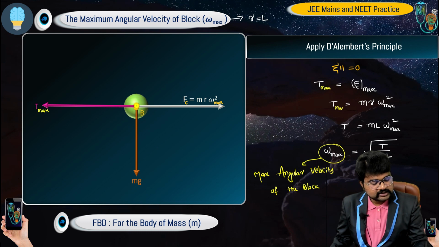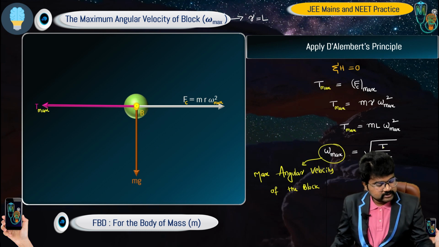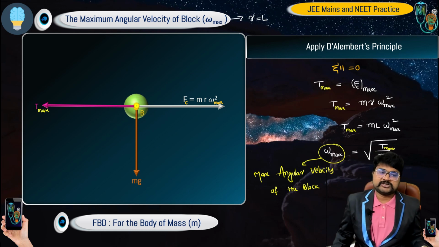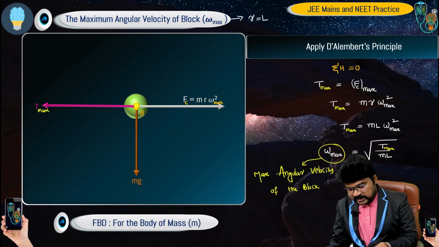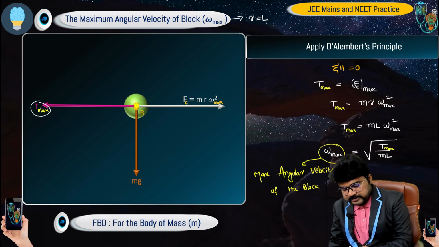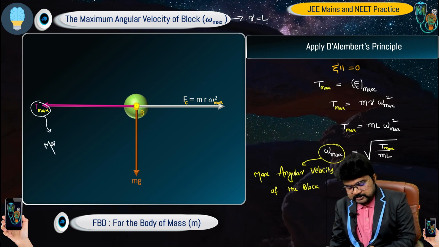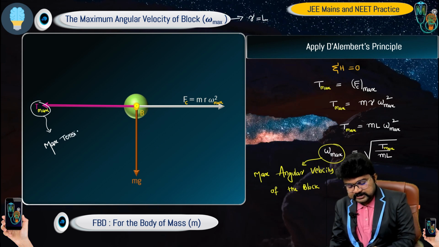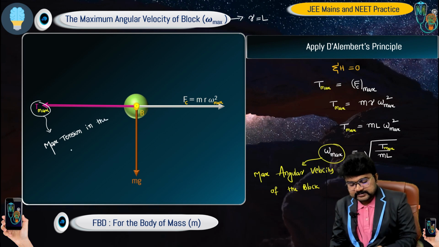You can write it. Nothing wrong in that. At maximum angular velocity condition, this would be the maximum tension in the string.